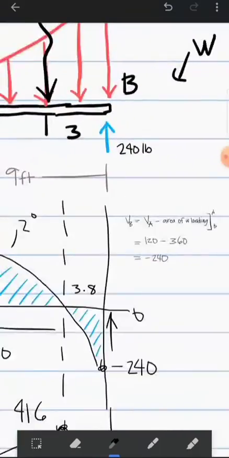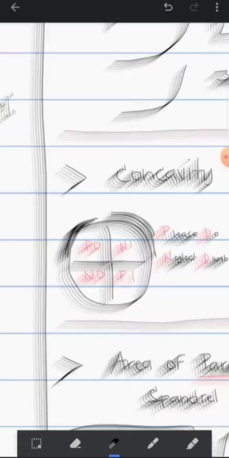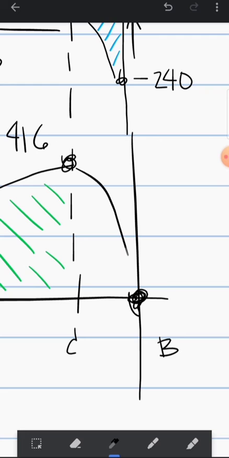The shape is negative and increasing, NI, of course, third degree.